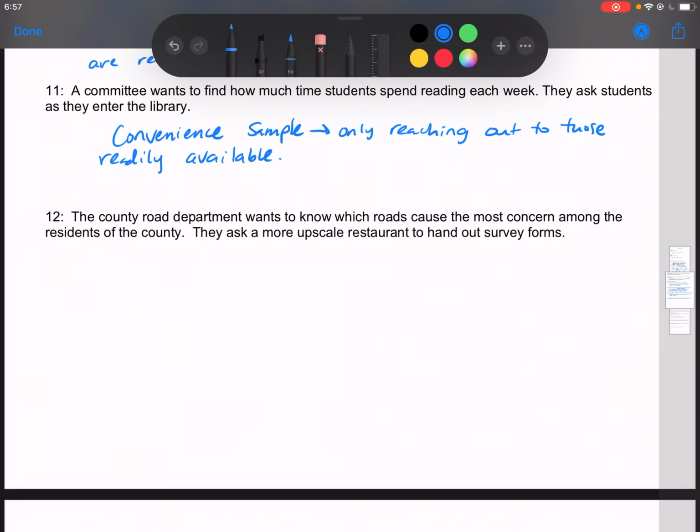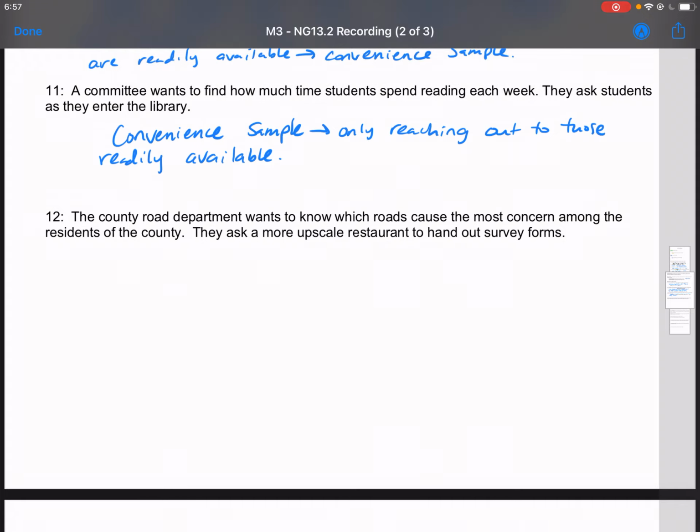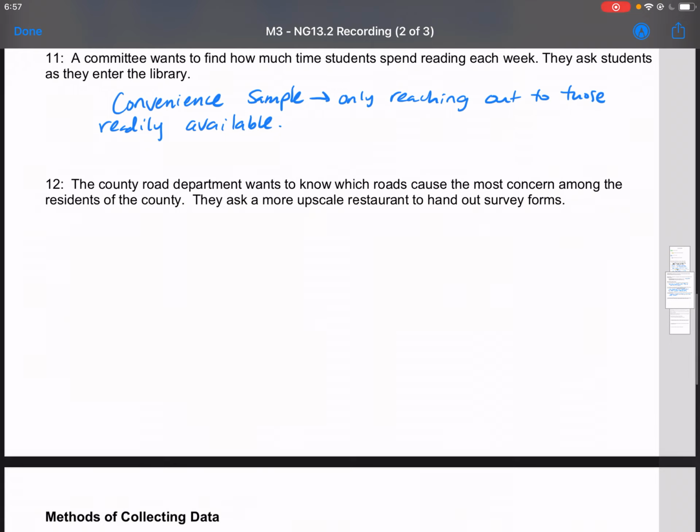Number 12: the county road department wants to know which roads cause the most concern among the residents of the county. They ask a more upscale restaurant to hand out survey forms. Once again, another example of a convenience sample.